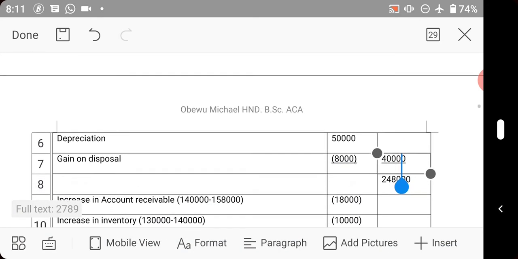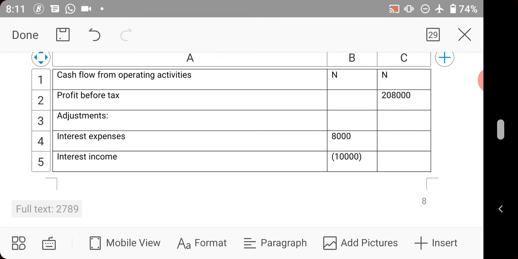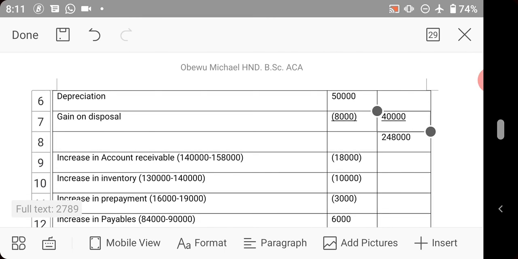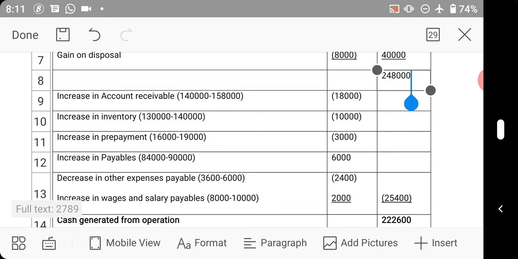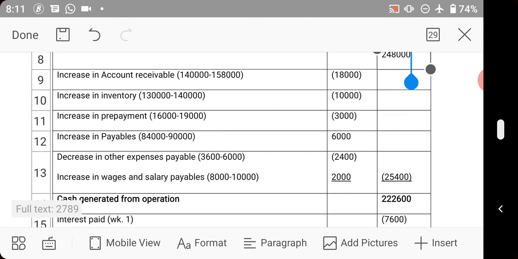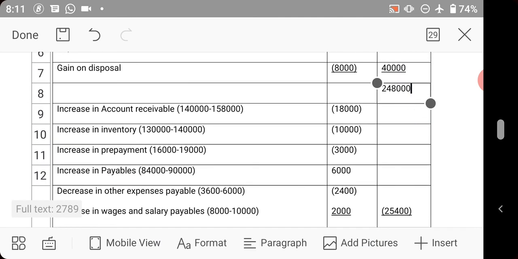So add this 40 to our profit before tax. We have 248,000 naira. Now you take care of your receivables and current assets. Accounts receivable opening value is 140, the ending value is 150.